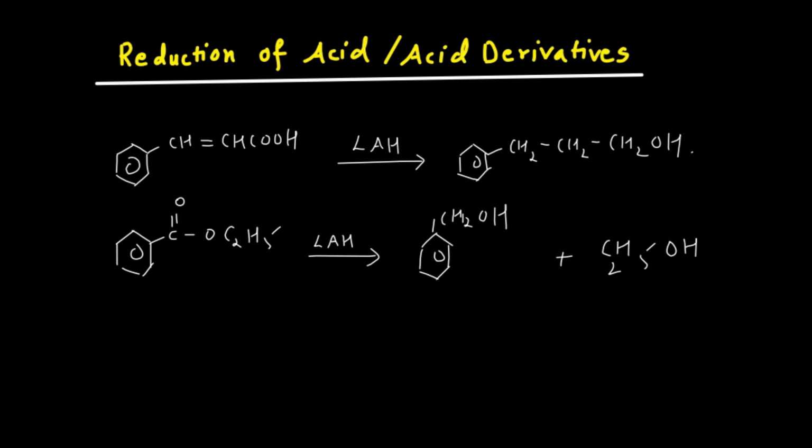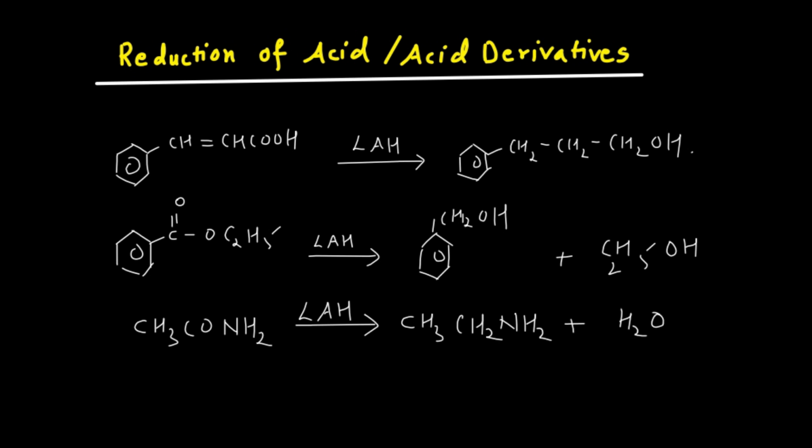And similarly, if you have the acid amide, CONH2, and you want to reduce this, I already told you, amide will form amines. So this will be CH3, this is CH2, this is NH2 again. That means H2O will be gone from here. So as I already told you, acids and acid derivatives will form alcohols, amides will form amines. There are a number of reactions of this type.